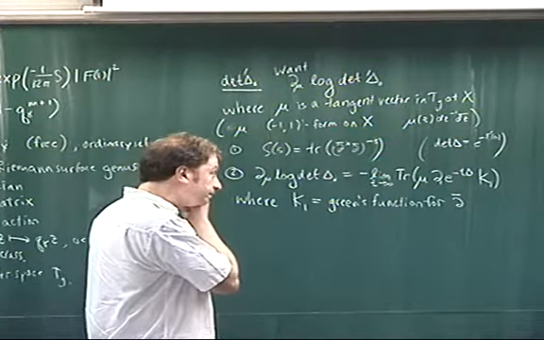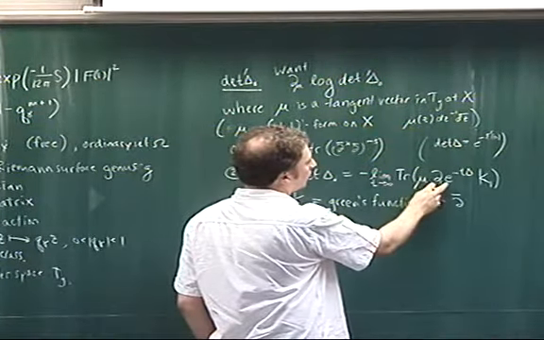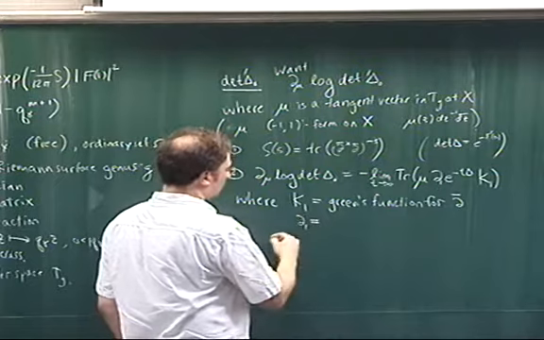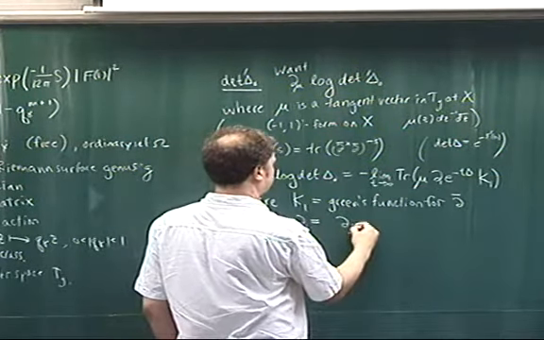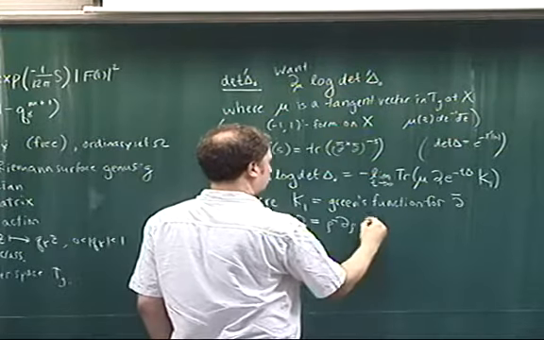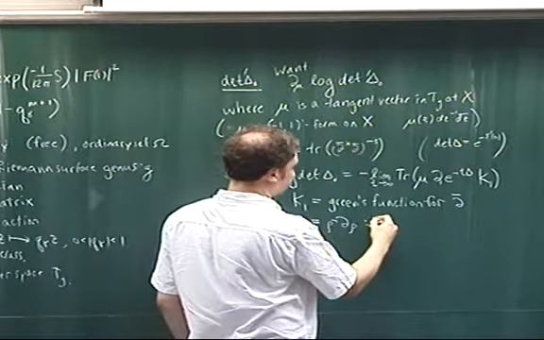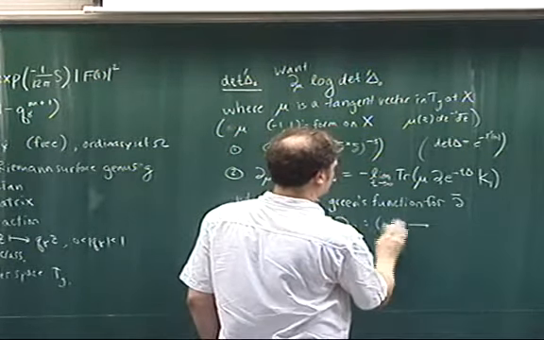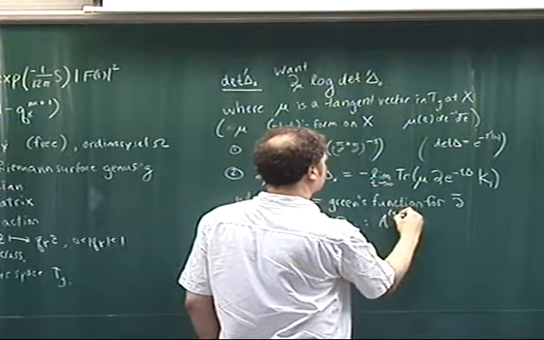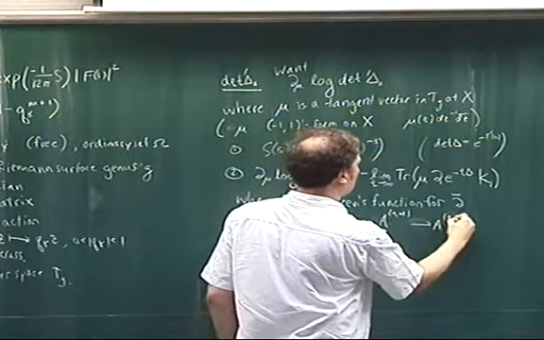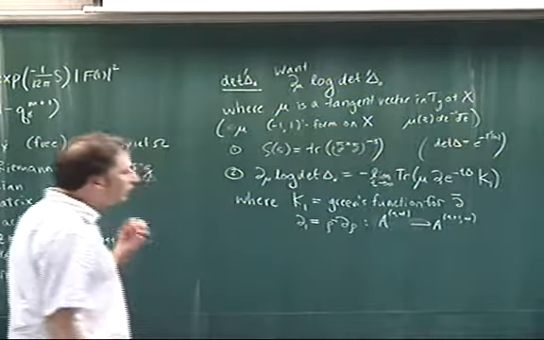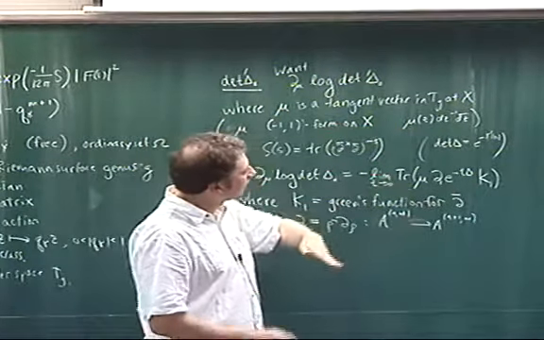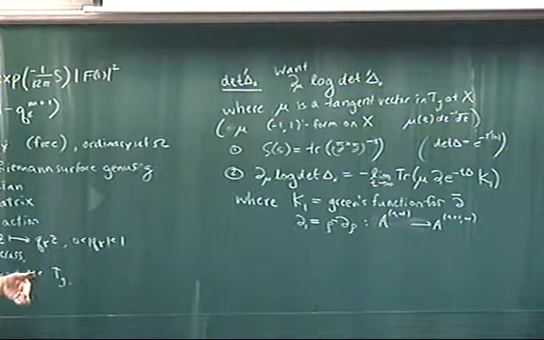And D1 here is the mass operator that takes n m forms to n plus 1 m forms.